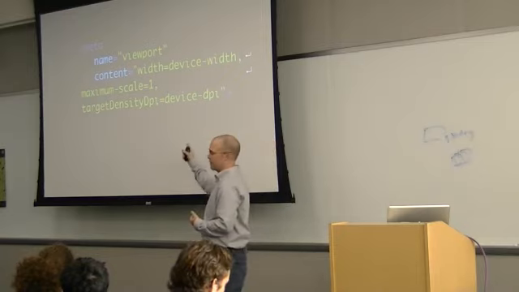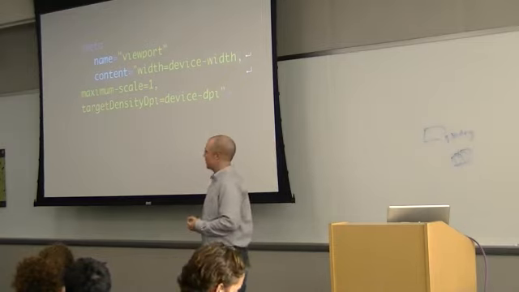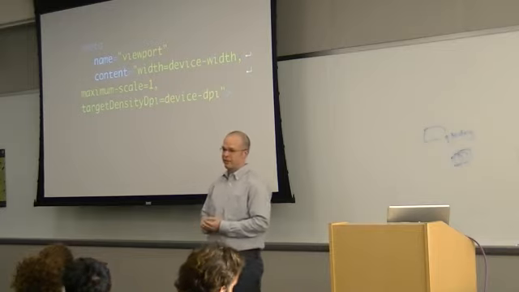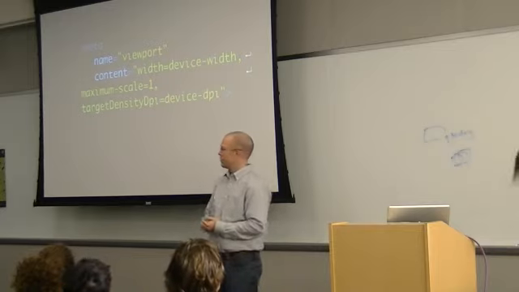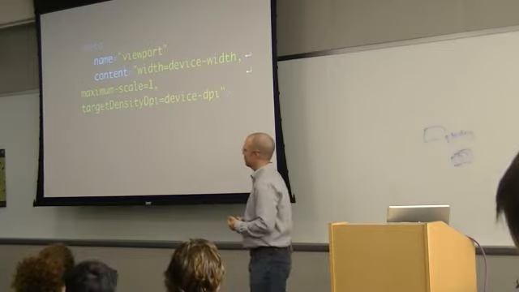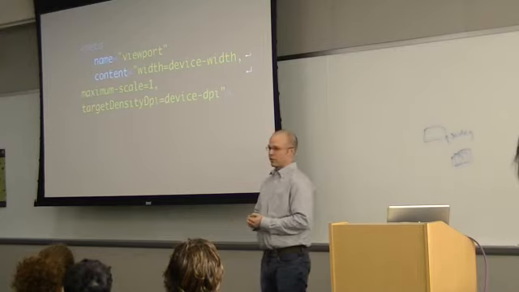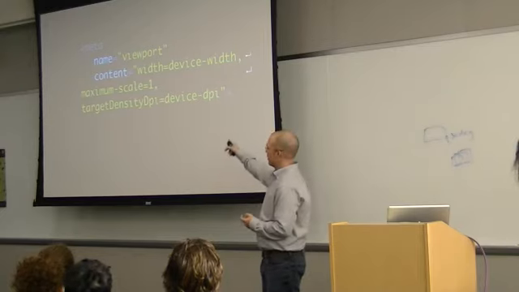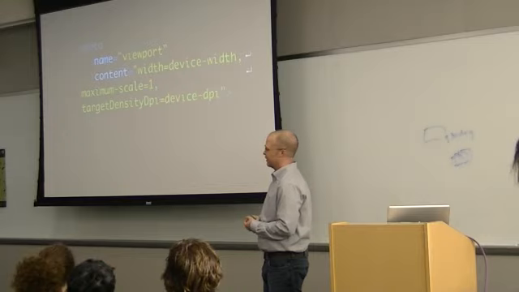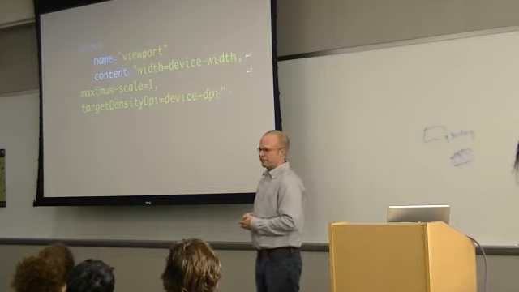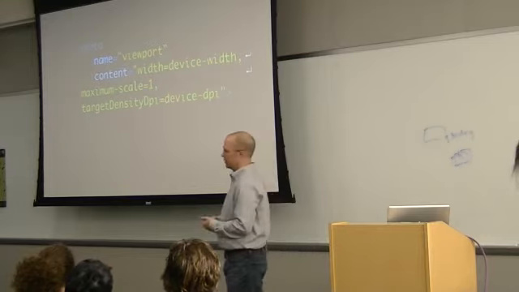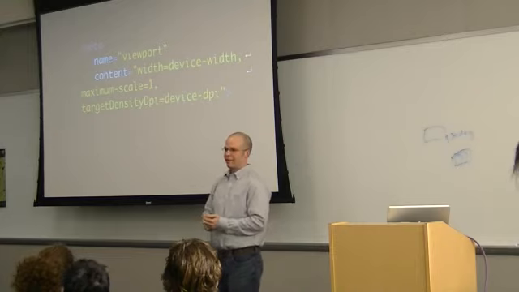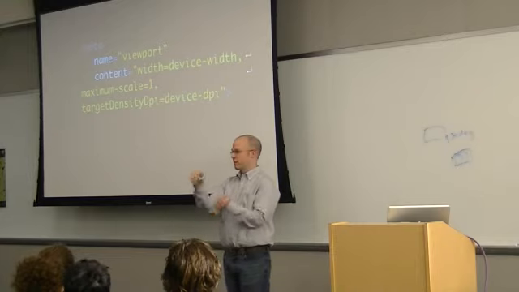The second part is defining the scale. So actually, the second and the third part work together to define the scale. The second part works with your iPads, and it also works on the Android, while the third part, the target density DPI, works only on the Androids. Now the maximum scale is required in order to have a layout which adapts to orientation changes.